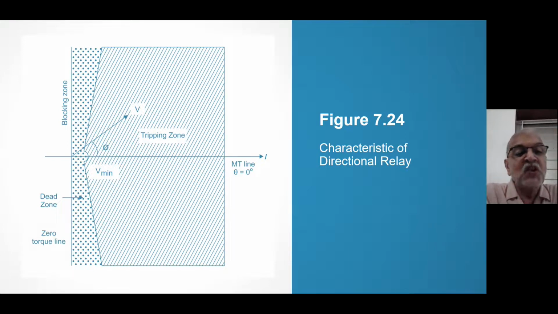At 0 voltage the relay will not operate because torque will be 0. Some voltage will be required to rotate the cup. However light the cup may be, being of aluminum, some weight is there, so to move that weight I will require some finite voltage.